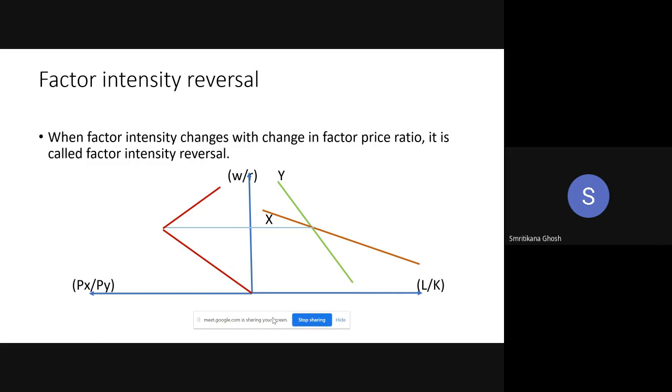But here we are relaxing that assumption: if I assume one commodity as labor intensive, it doesn't mean it is labor intensive throughout its production. It may change its intensity after a certain level of production, and this is called factor intensity reversal. Is it clear to you?